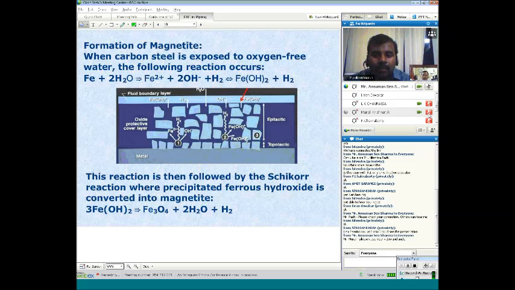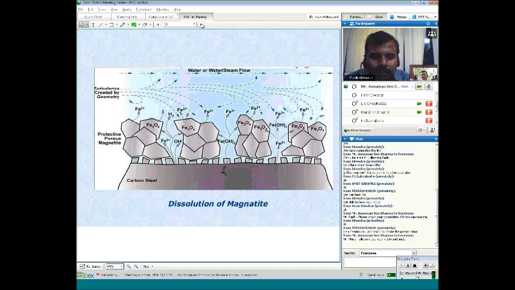Then it starts getting dissolved in the water. If the O2 is not high, if the pH is not high, and if there is the presence of a reducing agent like hydrazine, then also it tends to get dissolved into the water. That will ultimately result in corrosion. Now it has been seen that this is assisted by the turbulent flow of the water, and this mechanism becomes faster.